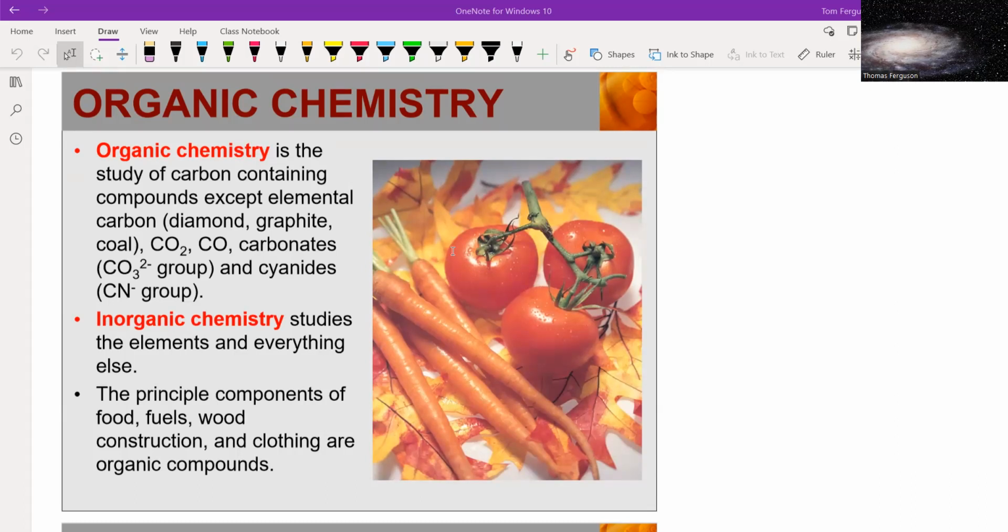Just look at glucose, which I drew up there on Tuesday. It's got 6 oxygens, 6 carbons, 12 hydrogens. There's a lot of chemistry around that oxygen-carbon interaction, because sometimes you can have a double bonded oxygen, sometimes a single bonded oxygen. So organic chemistry is really the chemistry of carbon, oxygen, hydrogen, and nitrogen.